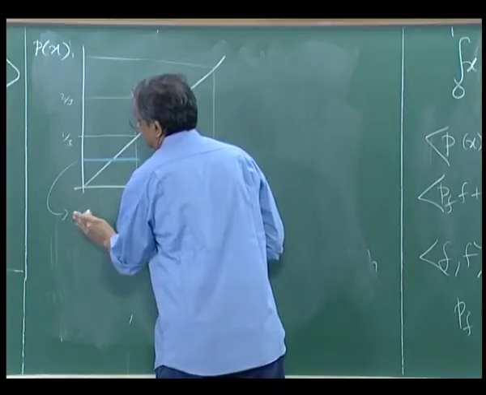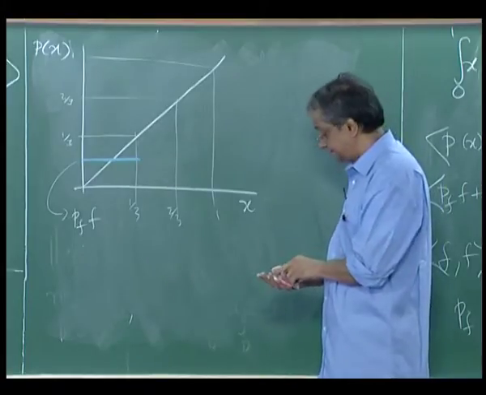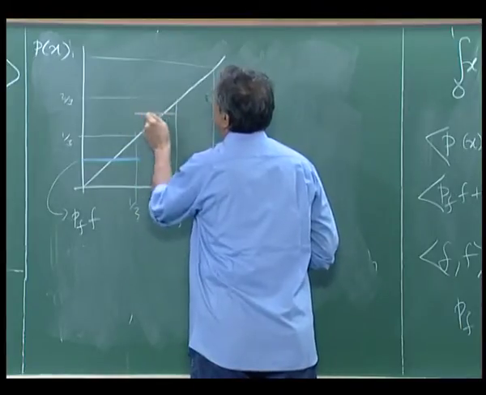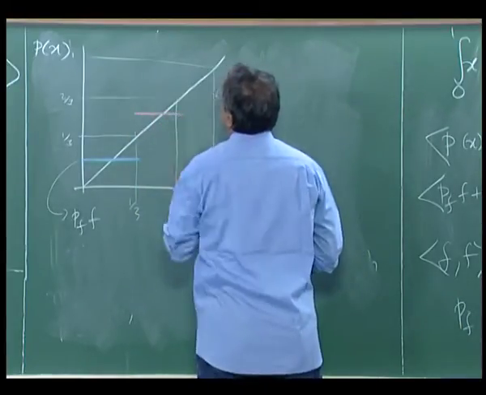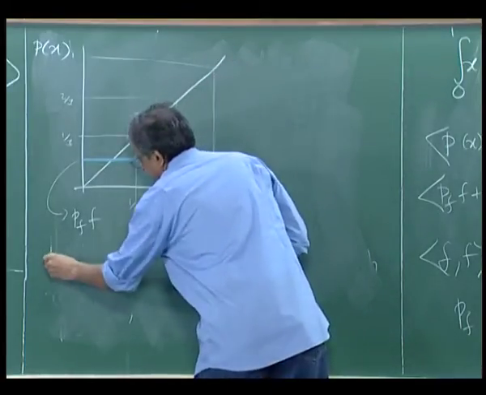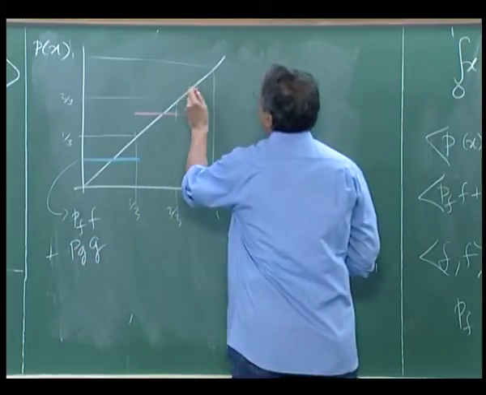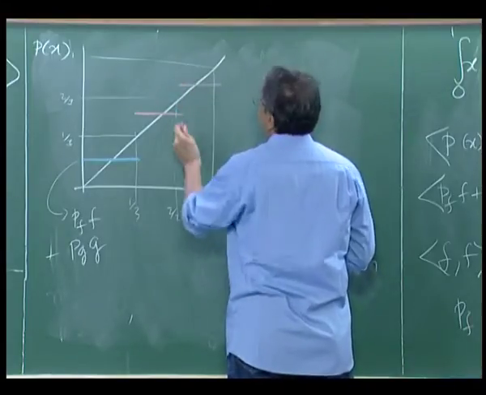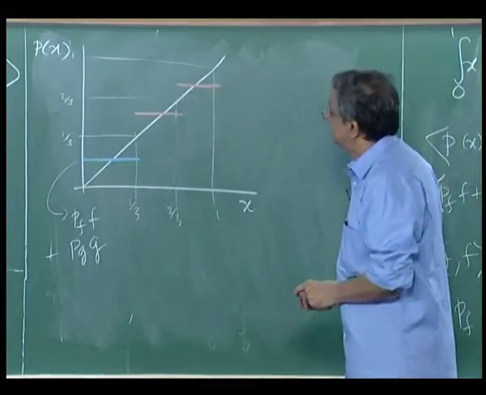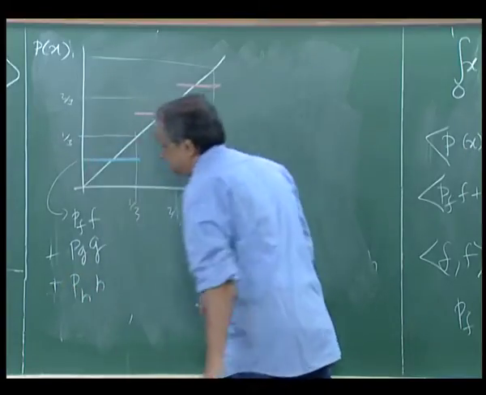That is Pf times f, to which I want to add plus Pg times g, and the last one, oops, not that different in color, but it does not matter. The last one is Ph times h. Is that fine?